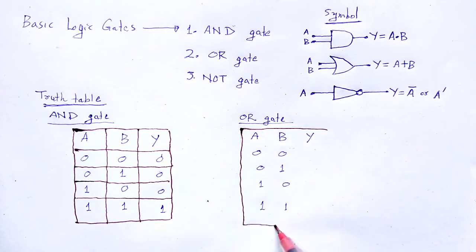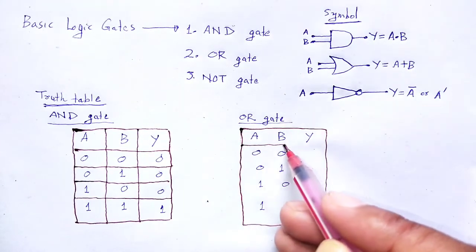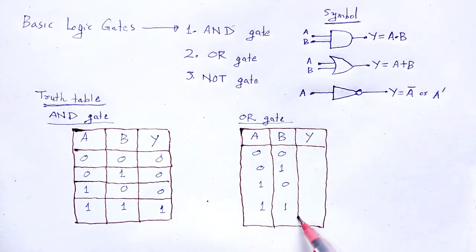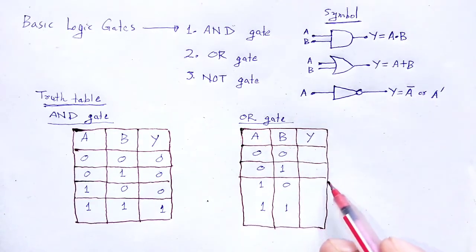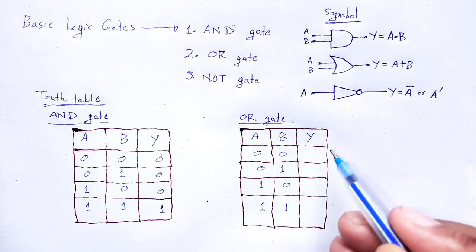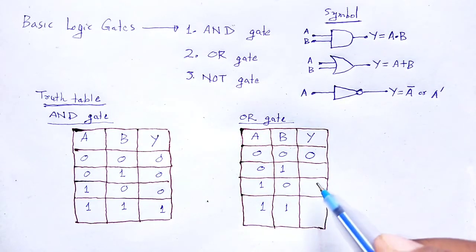In case of the OR gate, the output will be 0 when both inputs are 0, otherwise it will be 1.